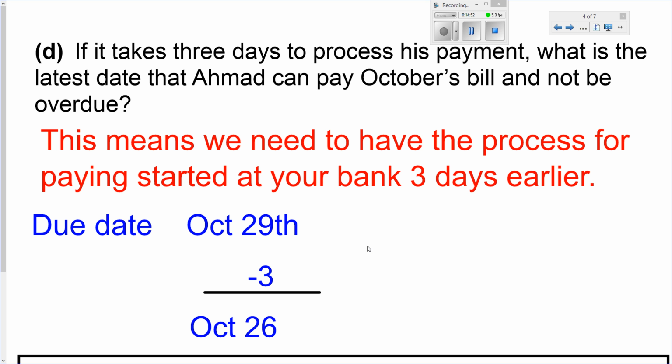We're just simply going to subtract 3, and we realize that the day we're going to pay in October ends up being October the 26th. We have to get that check in or the cash directly into the bank account of the credit card company for the 26th. If we get it on the 26th, it takes 3 more days to process. And if it processes well, nothing bounces, then guess what? You don't have any interest to pay. That's all.